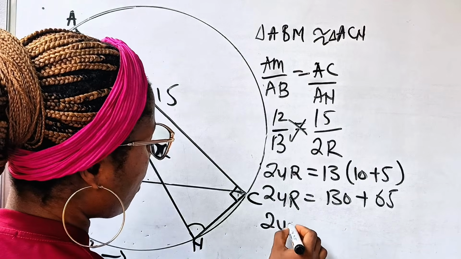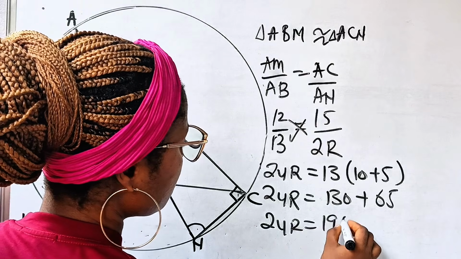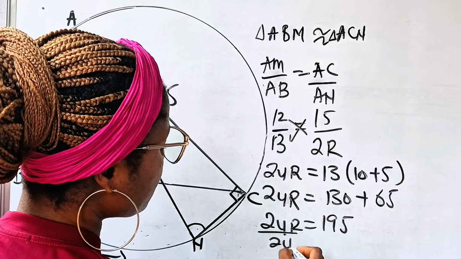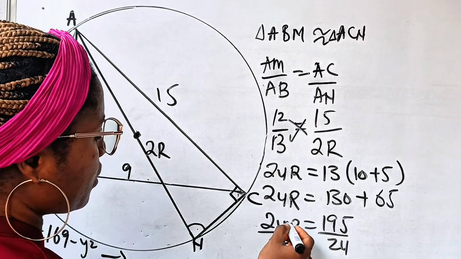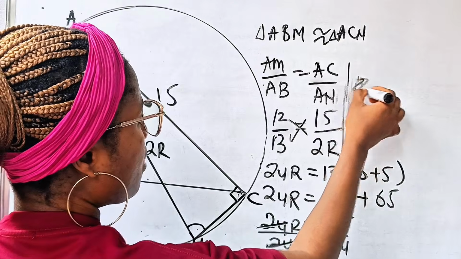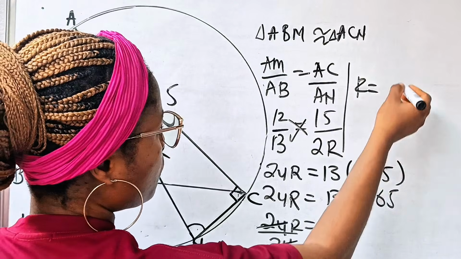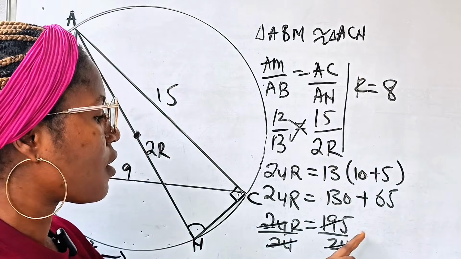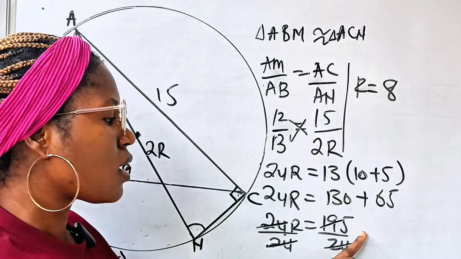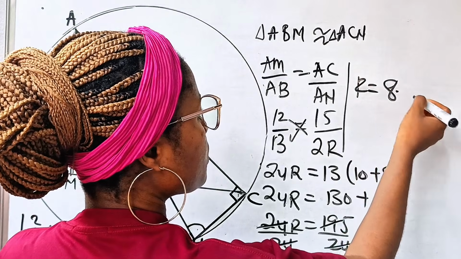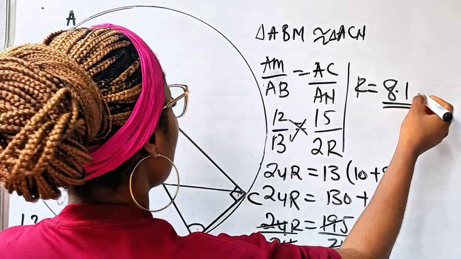Now, 24R is equal to 195. If we divide both sides by 24, because we are looking for R, we will have that R is equal to 195 over 24. Let's assume it's going to give us 8.1 units.